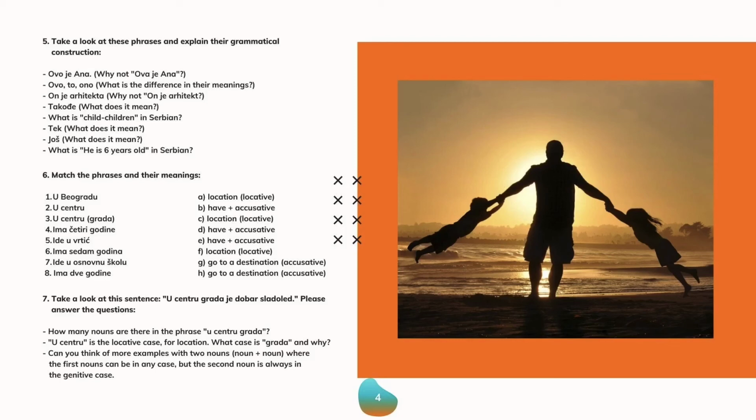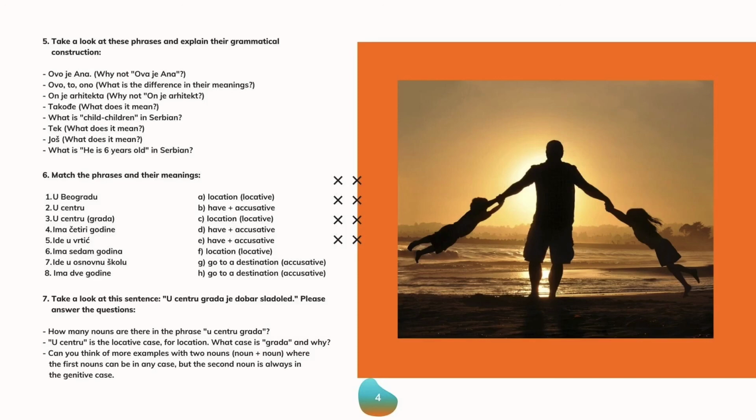The reason for that is that every time we have 2 or more nouns next to each other, the first noun could take any case depending on the context of the sentence, but the second noun is always in the genitive case. It is similar to saying in English, in the center of the city.